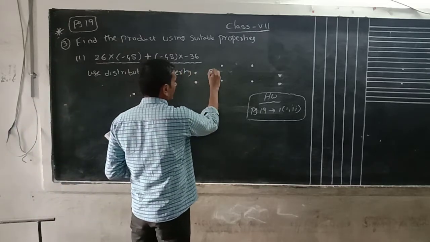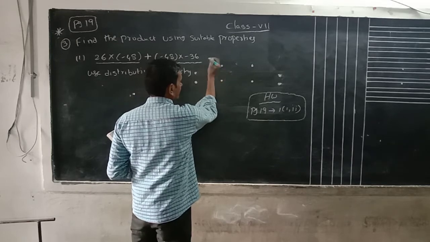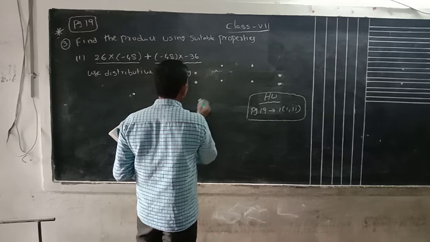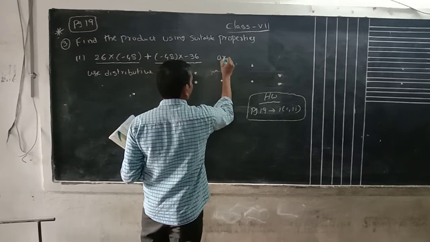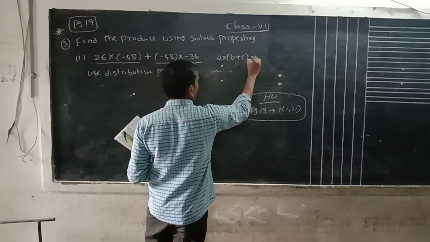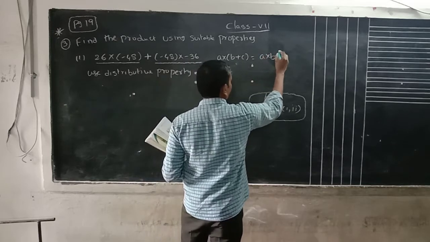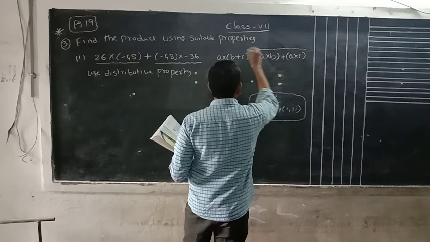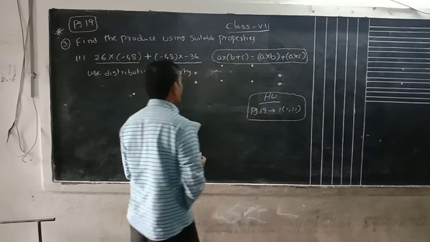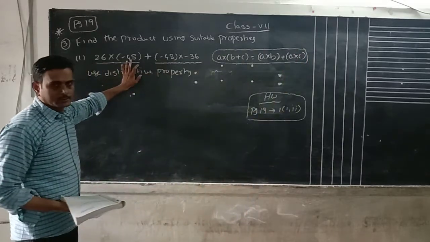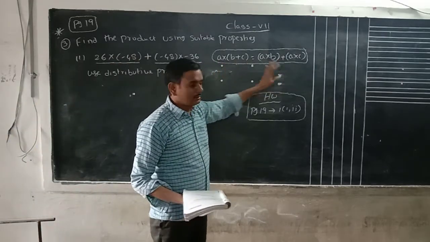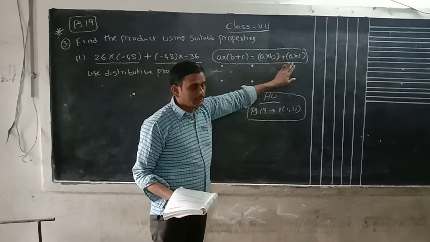What is the distributive property? A into (B plus C) equals A into B plus A into C. In this property, the LHS is related to the RHS.